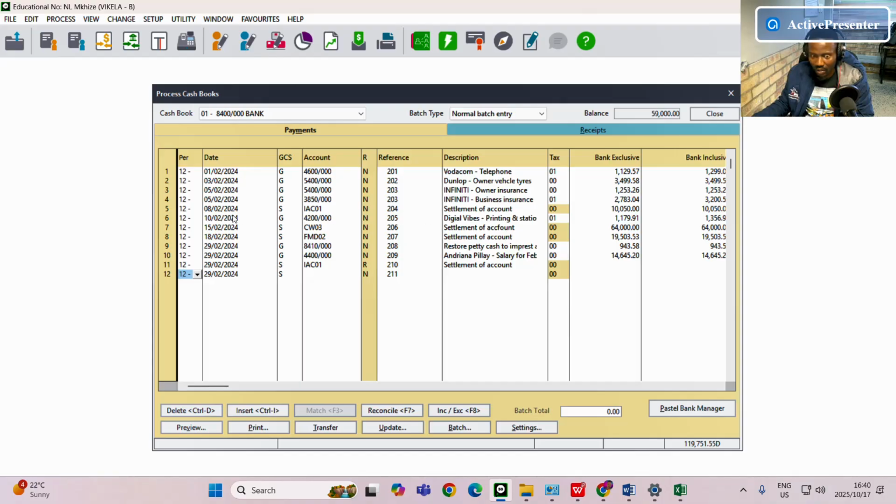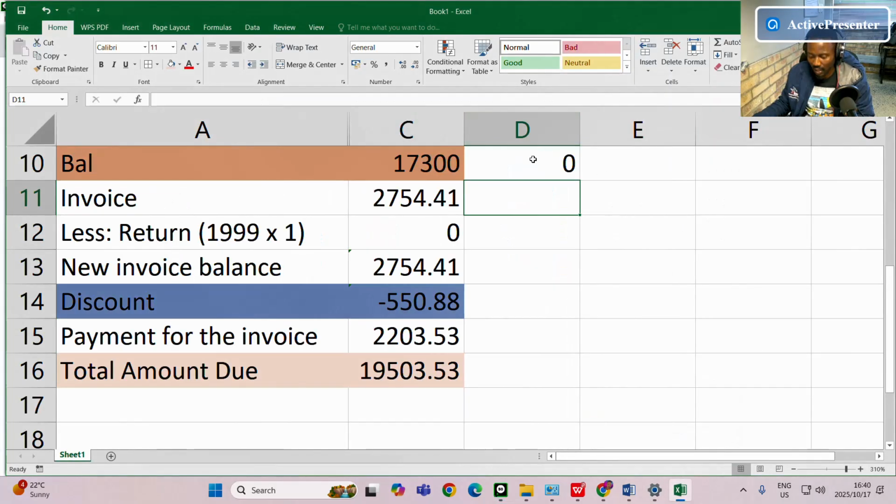Yes, it was on the 8th. We paid I Africa. And remember, we received the discounts of 150. So meaning now the balance is zero. So I'm just going to look at the invoice, and the invoice amount is 2,765.70.